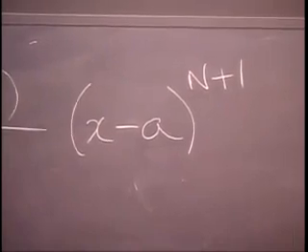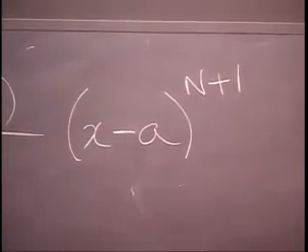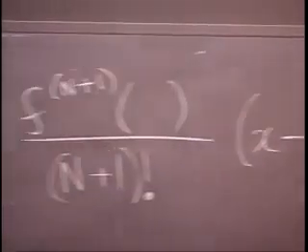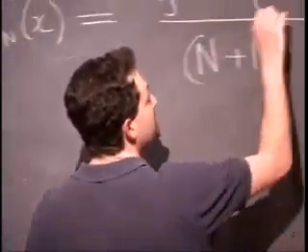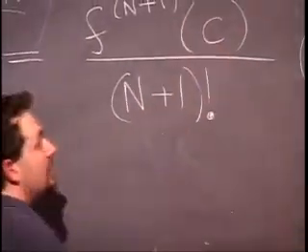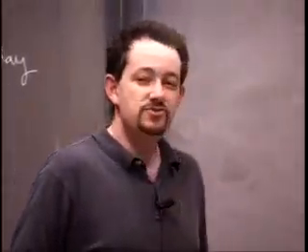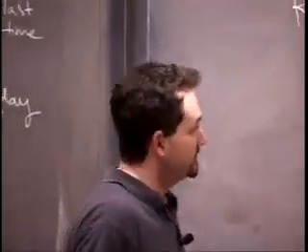In fact, if I just filled in an a here, it would just give you the next term in the polynomial, the n plus 1th term. But unfortunately, or perhaps fortunately, since not everything's a polynomial, I have to put in a mysterious number c. And you don't know what c is, which seems a little bit weird.